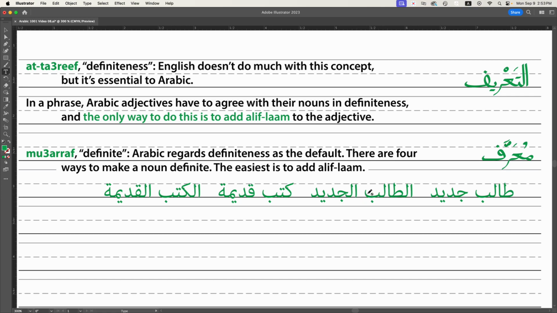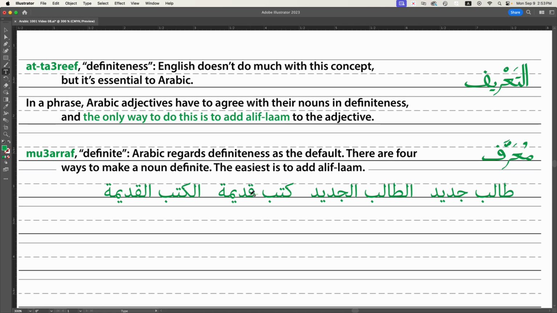So, at-talib al-jadid, the student, the new, or in English, the new student. In English, we don't do anything to adjectives to make them agree with nouns, but in Arabic, we have to do everything to make them agree with nouns, hence why we have to add alif lam here to make this a phrase, the new student.